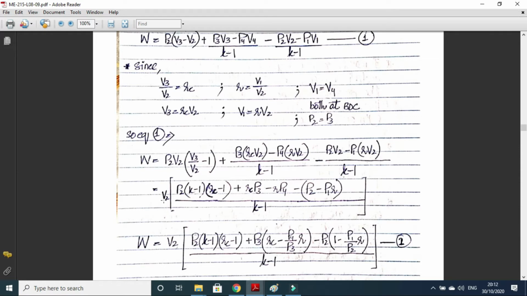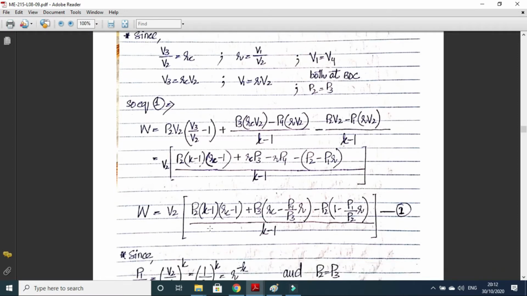So P2 V2 is common, and with (k minus 1) we have taken the LCM here. So K minus 1 will come here, and V3 minus V2 is actually rc, V3 upon V2 is rc, minus 1, plus we have taken V2 common, rc P3 minus V2 common, r P4 minus P2 minus P1 r, V2 common.